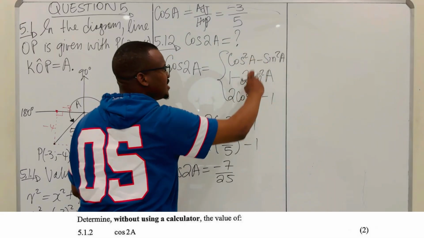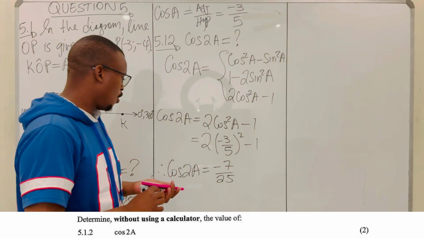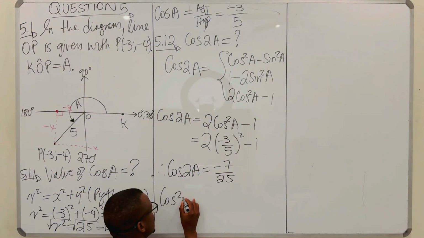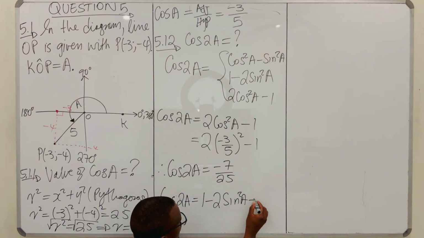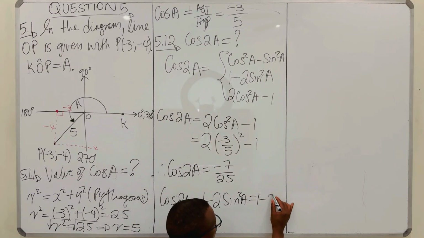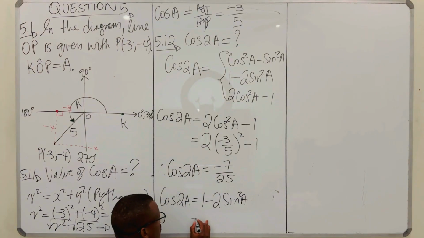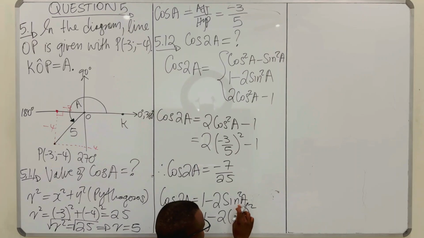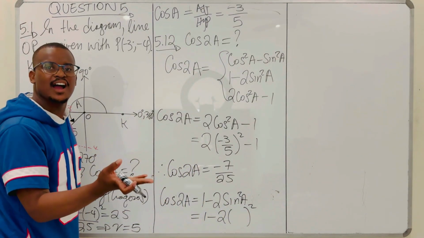You could have used any of these identities. It would have worked exactly the same. Let's say you could have used this one: cos 2A is equal to 1 minus 2 sine squared A. Go and look for sine squared A. Sine is the opposite side over the hypotenuse.